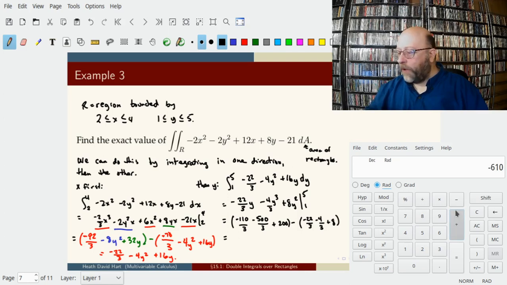Minus a negative 22 is plus 22. Minus a negative 4 is plus 4. And that's divided by 3. And then we're going to add 200. And then we're going to subtract 8. And our answer is not very close to our estimate. Our estimate was not very good. But our final answer turns out to be negative 2 2/3.